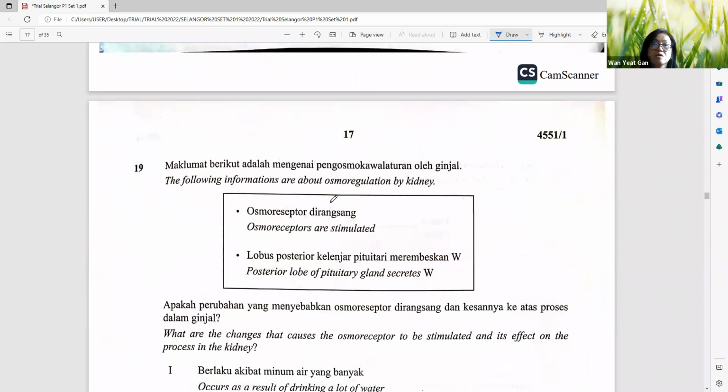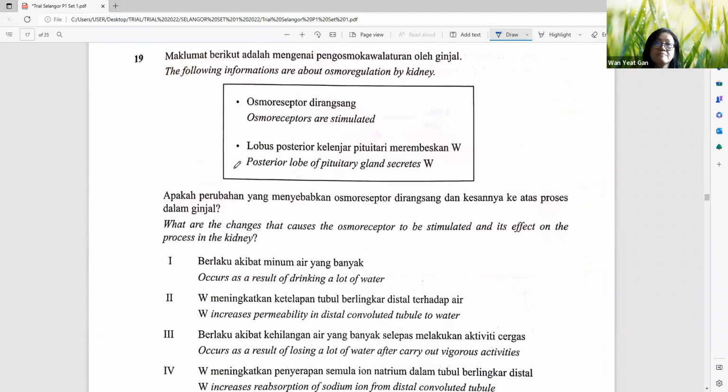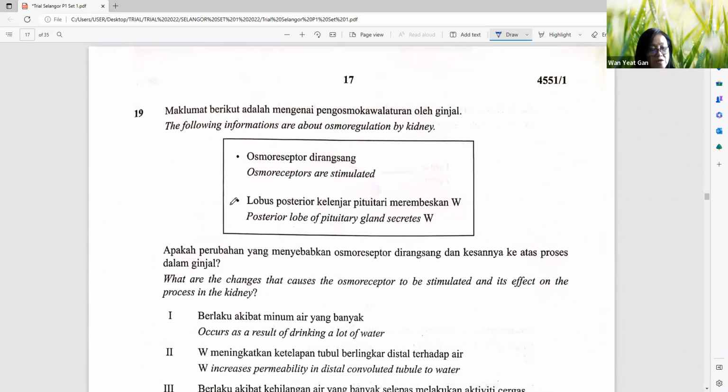The following information is about osmoregulation by the kidney. Osmoreceptors are stimulated. The posterior lobe of the pituitary gland secretes W. Okay, the question asks what changes cause the osmoreceptors to be stimulated and their effect on the process of the kidney.